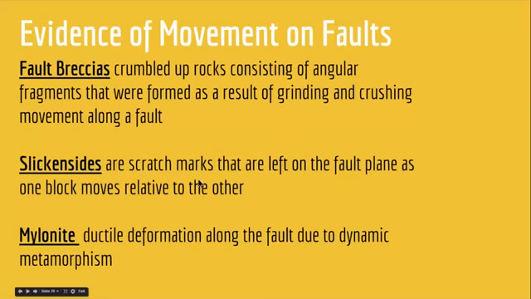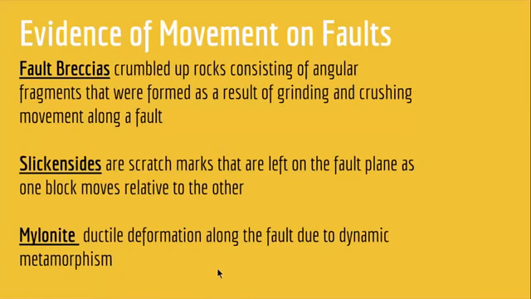Slickensides are scratch marks that are left on the fault plane as one block moves relative to the other. So, besides crushing and grinding rocks, creating angular fragments, we have scratch marks on the fault plane that are called slickensides. When the blocks move relative to each other, they create these scratches. And finally, mylonites are ductile deformation along the fault due to dynamic metamorphism.